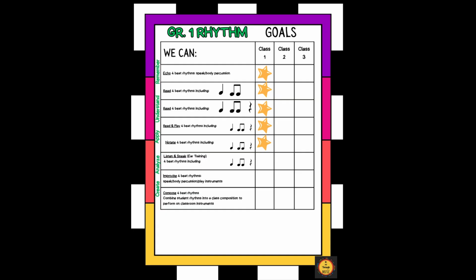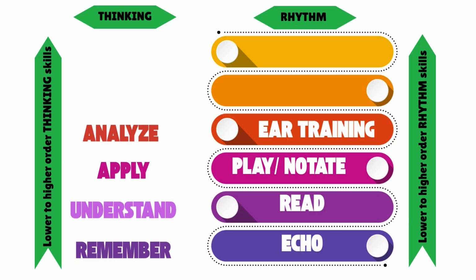And then I also do a couple of lessons on musical notation. So, practicing the skill of how to write our music symbols and then putting them together into phrases that are 4 beats long.